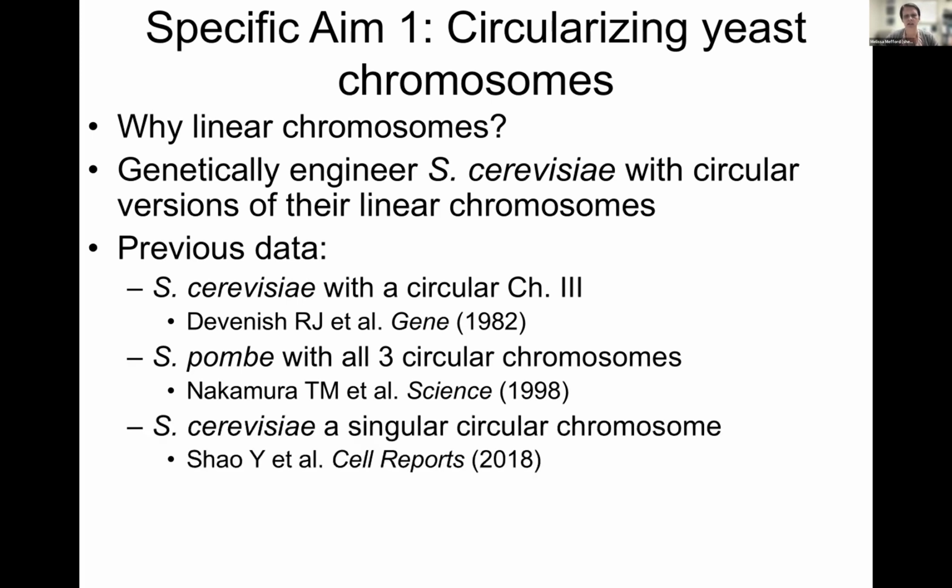And then more recently, there was a group that took our yeast, Saccharomyces cerevisiae, and they first fused the 16 linear chromosomes into 1 gigantic long chromosome, and then followed that up by circularizing that singular chromosome. So there is evidence that Saccharomyces cerevisiae can survive with a solely circular genome.